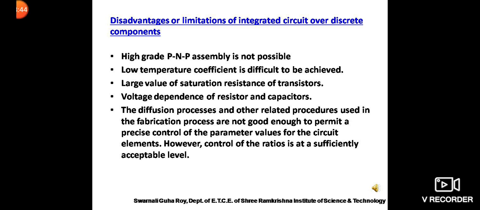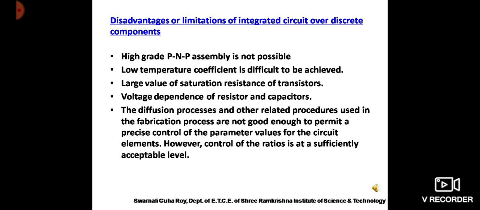Voltage dependence of resistors and capacitance are found to be very critical. That is, in some cases, in IC form, the resistor values and capacitor values are found to vary depending on the voltage, making the operation to some extent unreliable.